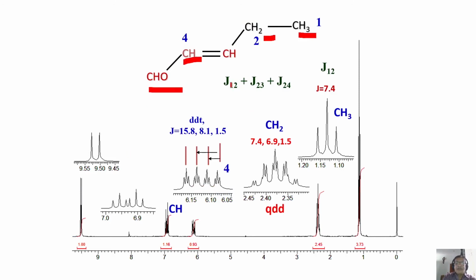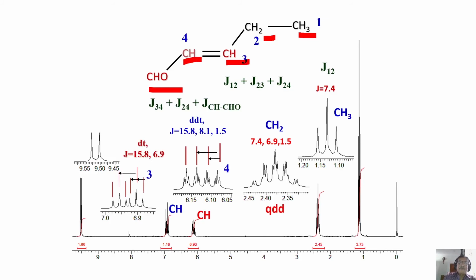So what is left out is only this. Of course, this can experience coupling with this, giving a doublet, and it is going to be a triplet because of this. This one, first it is going to be a doublet, and then each line of the doublet is going to be a triplet because of this proton.